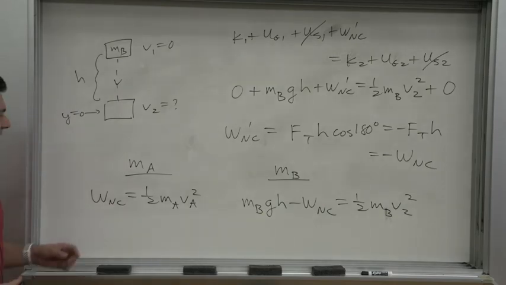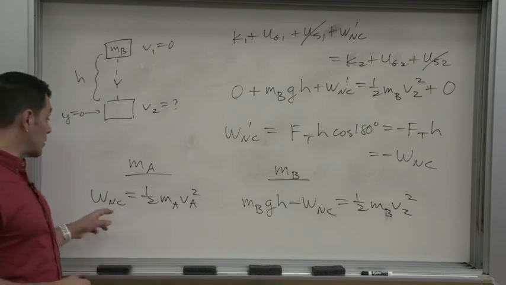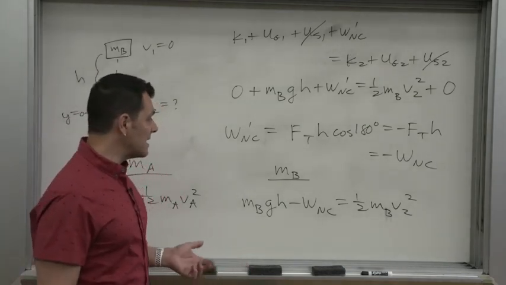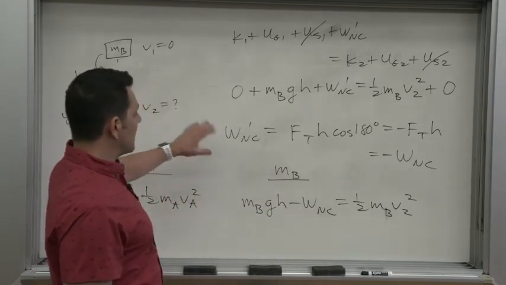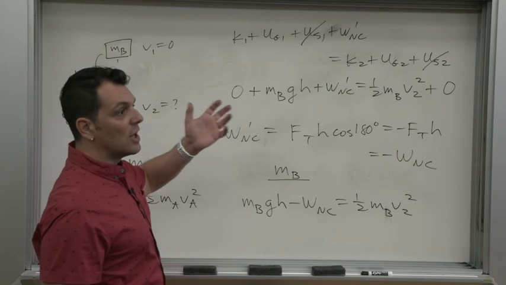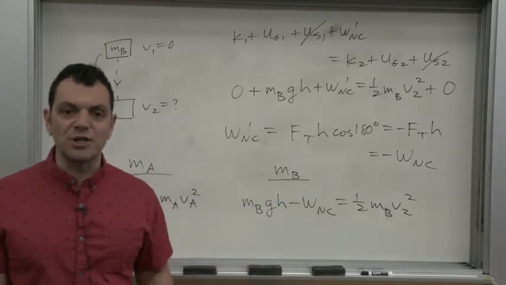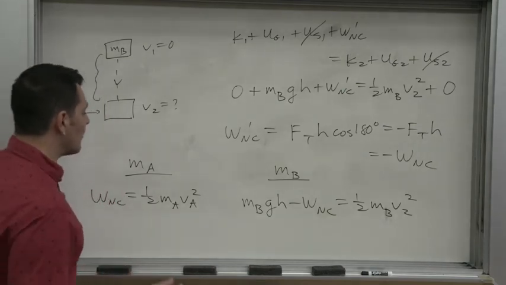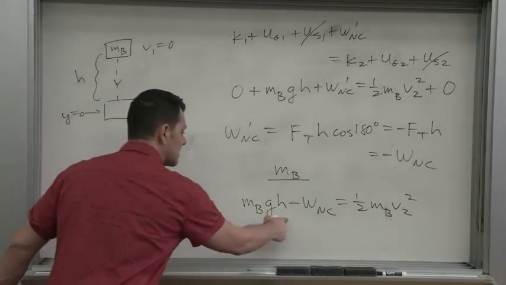So now mechanical energy for mass A is not conserved, and mechanical energy for mass B is not conserved. But the important thing to note here is that the work done by tension on mass A is the negative of the work done by tension on mass B. That's actually going to be convenient, because this means if we add these two equations together, what if we add the left-hand sides together?